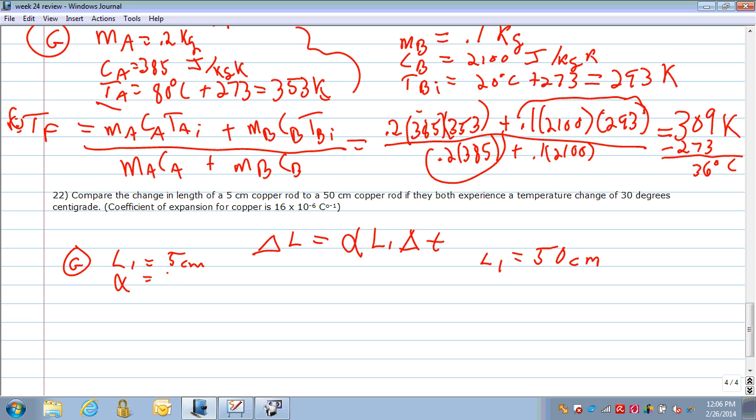Both of them have the same alpha, because both of them are made out of copper. And both of them have a change in temperature equal to 30.